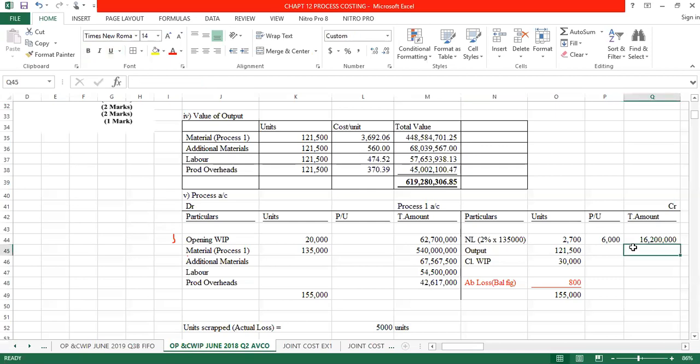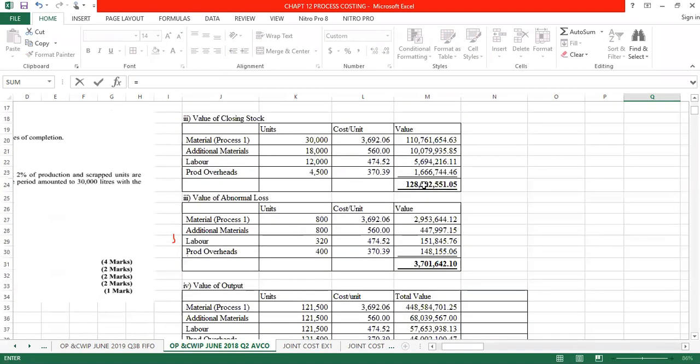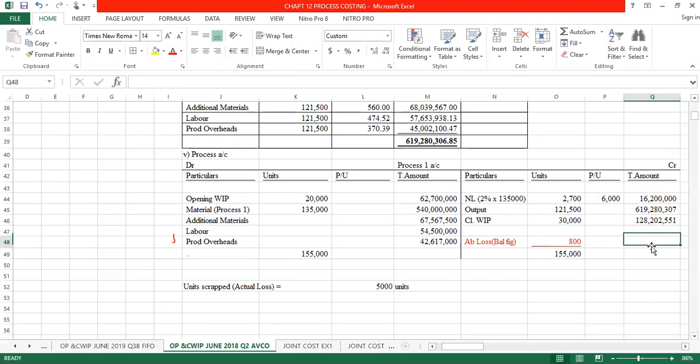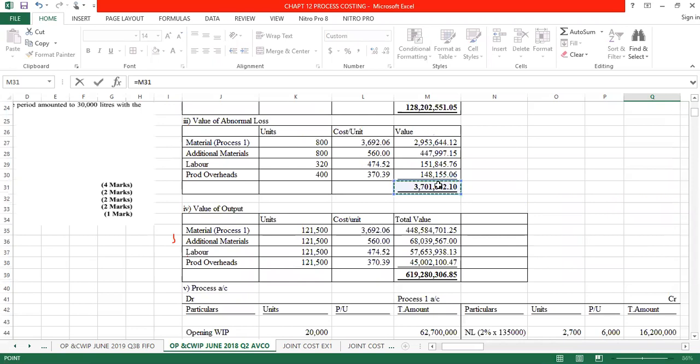So what is our value of output? Value of output is that. What is our closing work? Closing is that. What is our abnormal loss? Yes, it is that.